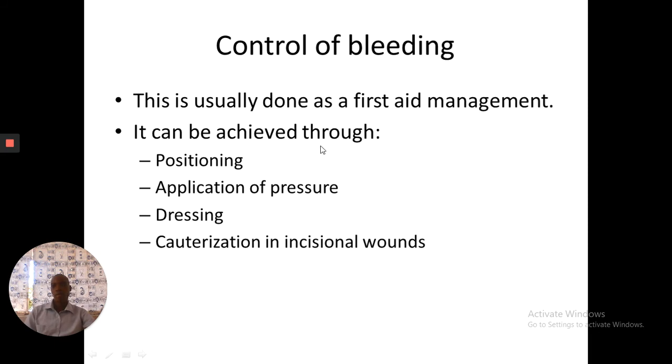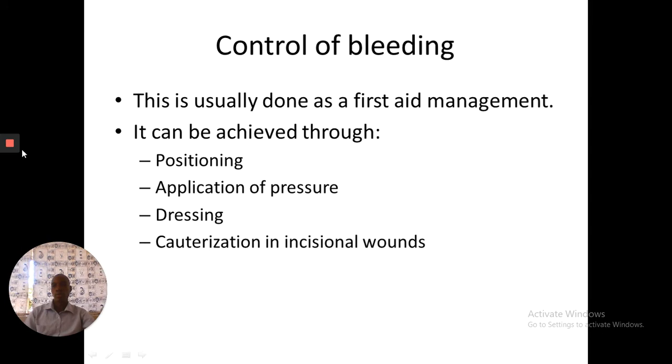Now, in control of bleeding as one of the objectives, this one comes as a first aid management, and it can be achieved by positioning: the wound site should be higher than the level of the heart so that you limit the amount of blood that is going to that area. You can also apply pressure proximal to the wound to limit the arterial supply to the ruptured vessels.